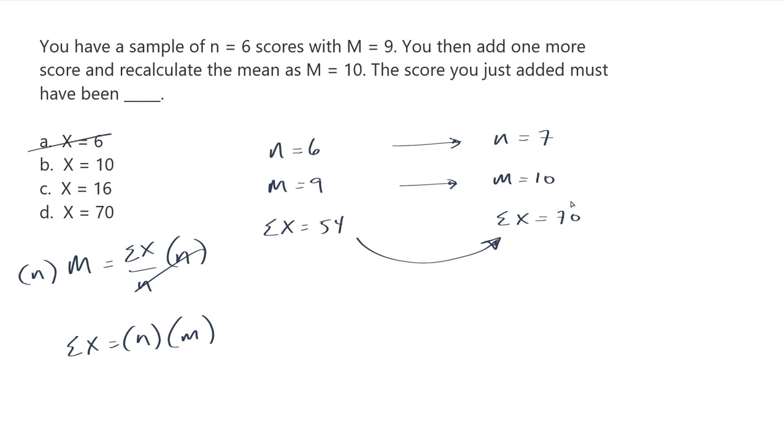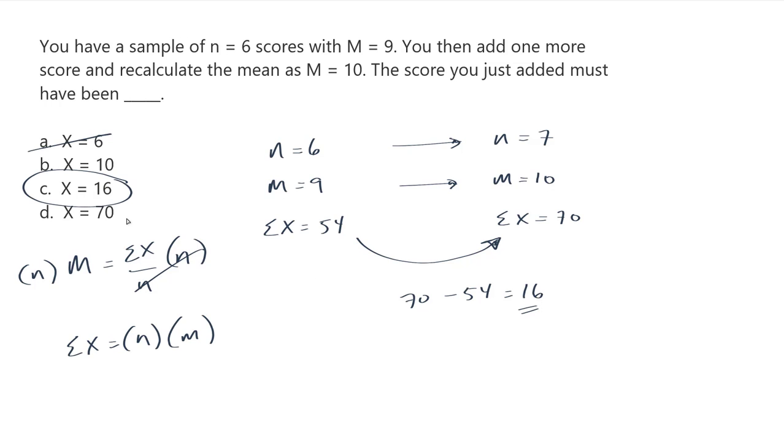Well, the way you get a larger total is by adding in that extra score. So it used to be that our scores totaled up to 54, but after we add a new score, they total up to 70. So the difference, 70 minus 54, is what's been added. So we've added a score of 16.